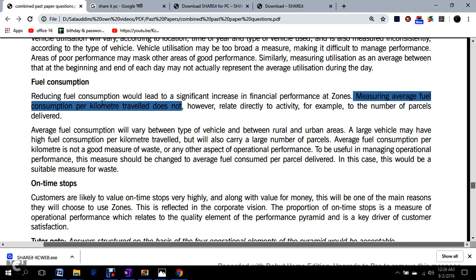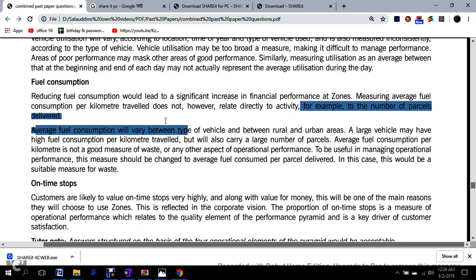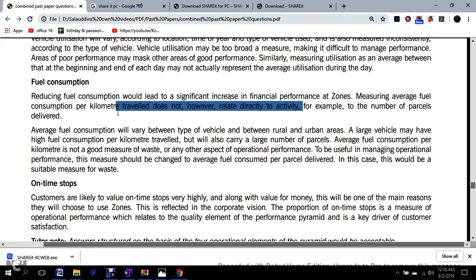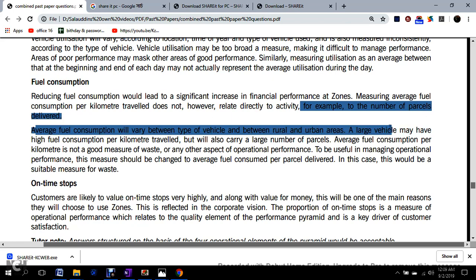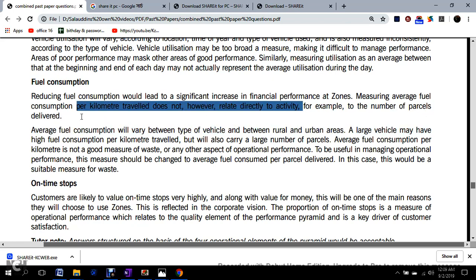However, this is not directly related to the activity, for example, the number of parcels delivered. So they can use fuel consumption as a percentage of the number of parcels delivered.